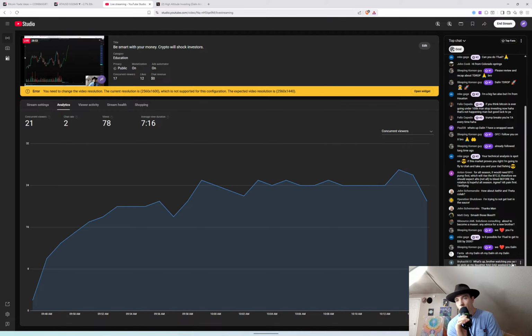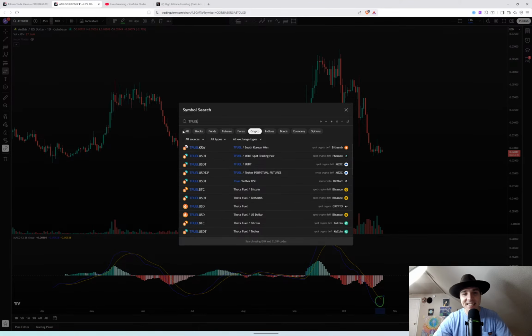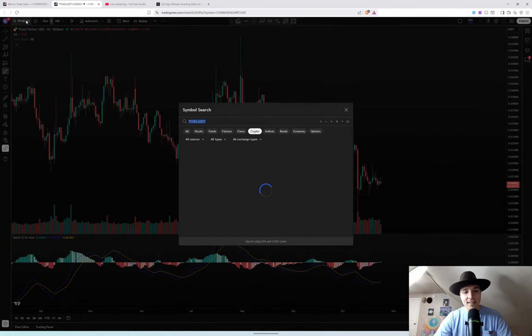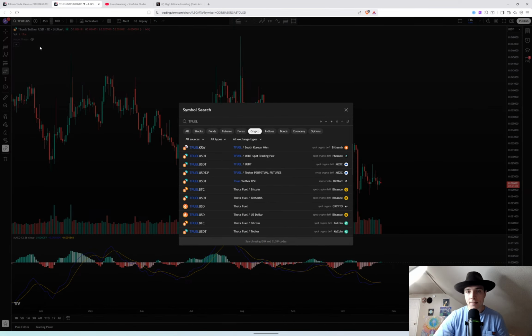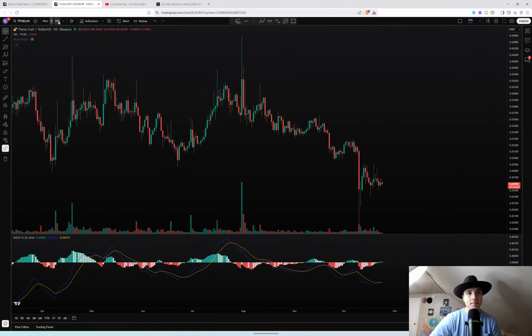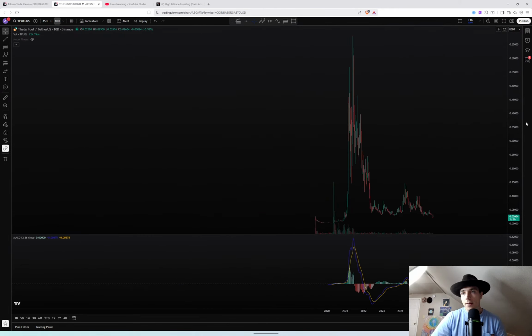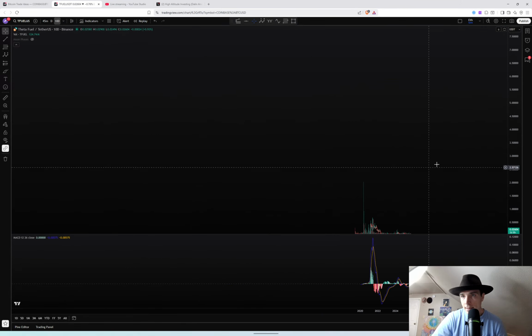MKE Gage asks, is it possible for T-Fuel to get to $30 by 2030? $30 by 2030? Let's go look at the chart. It's on Binance. There we go. $30 by 2030.